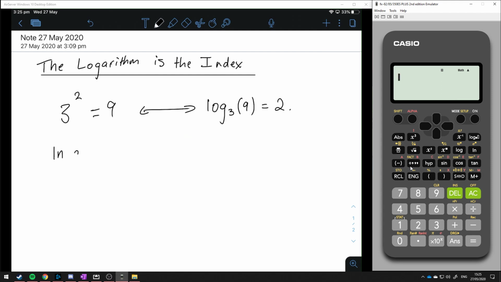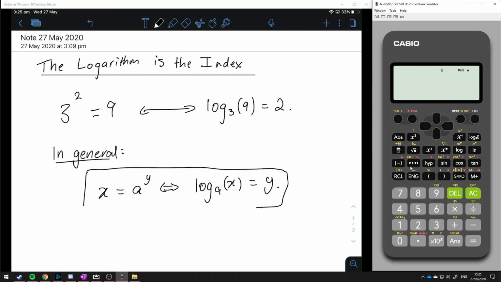So in general, the way that we write this is, if we have x is equal to a to the power of some y, say 3 to the power of 2 is equal to 9, we can rewrite this as the log of that same base a of x is equal to y.